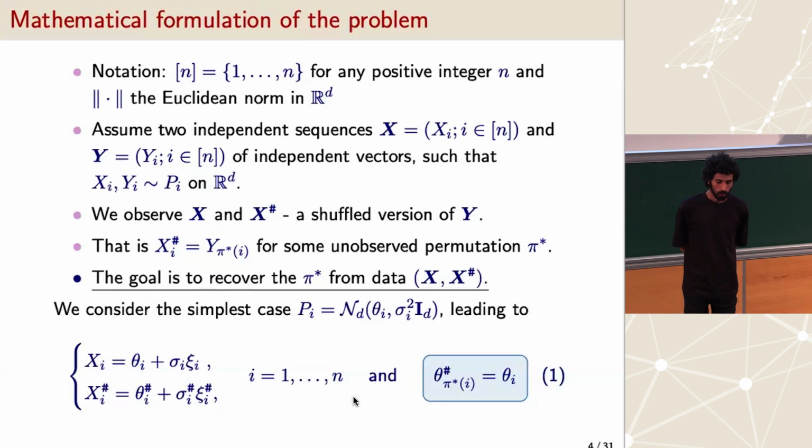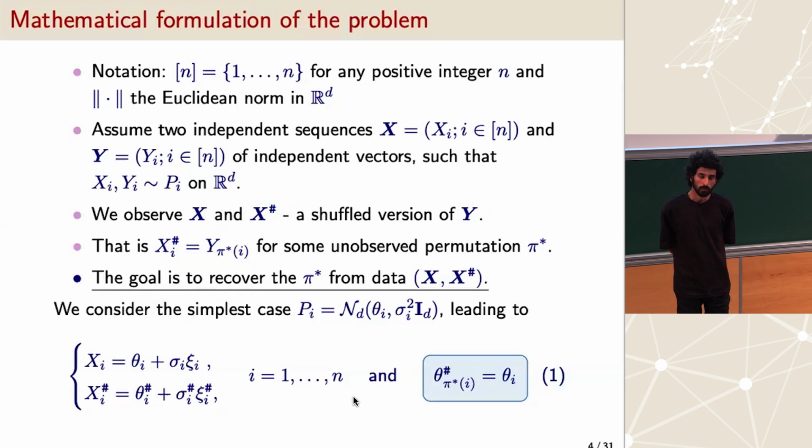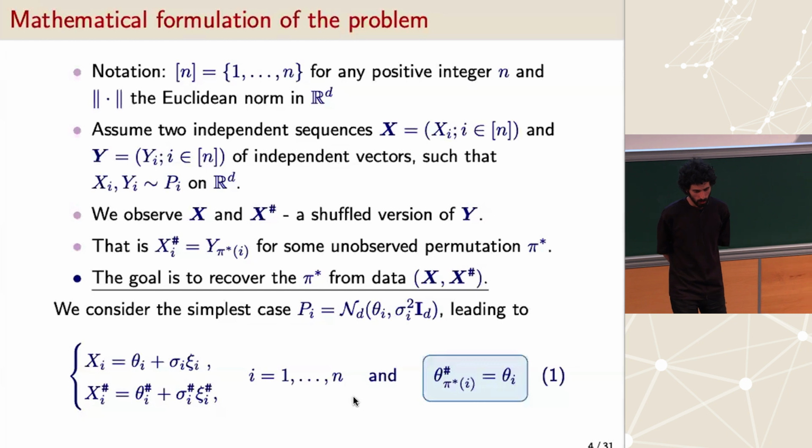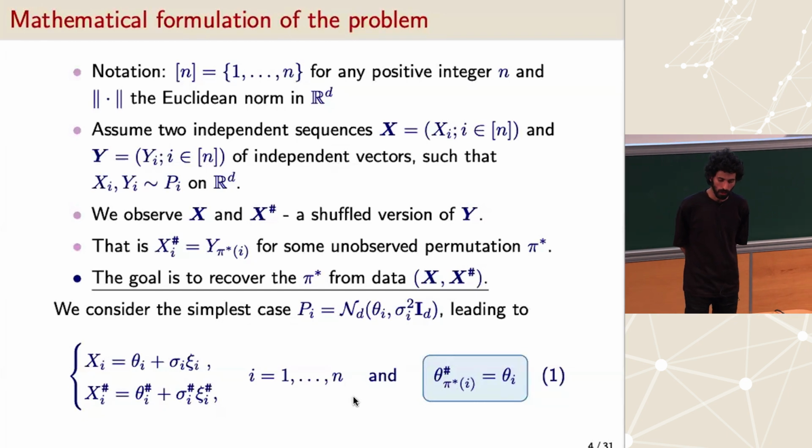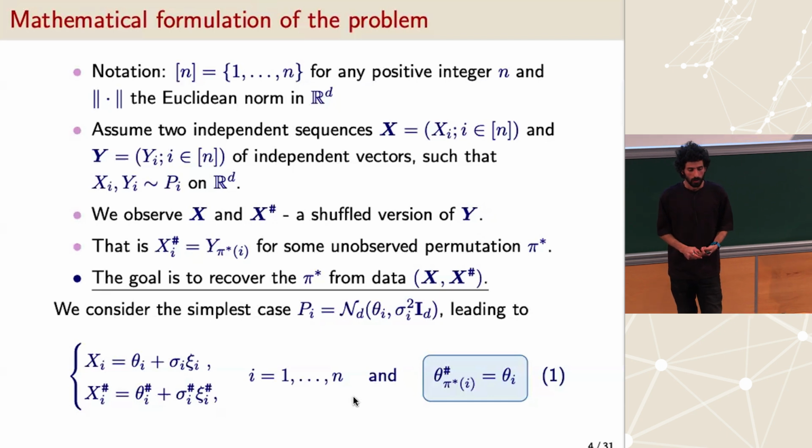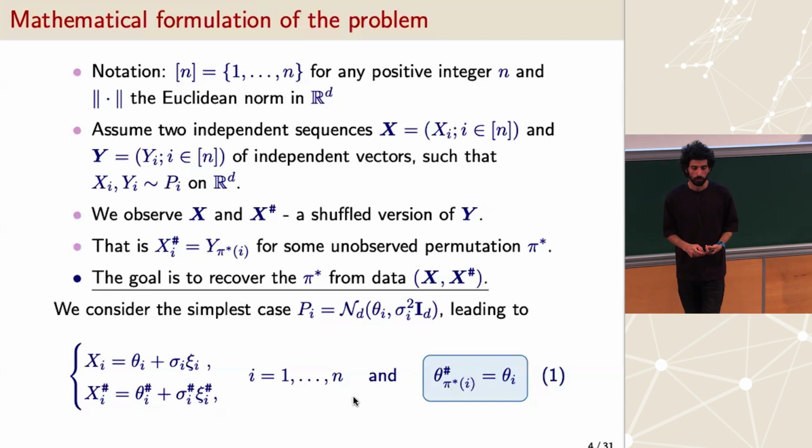We will consider the simplest case of pi, a Gaussian distribution with some shifts theta_i and covariance matrices proportional to the identity covariance matrix up to some variance scales.